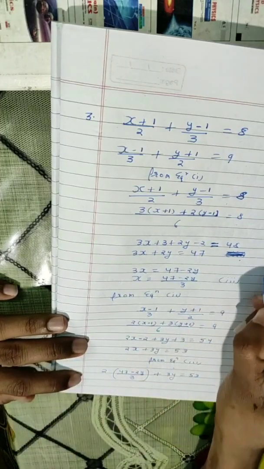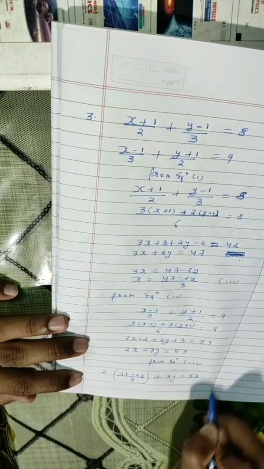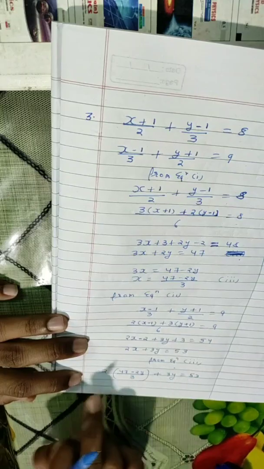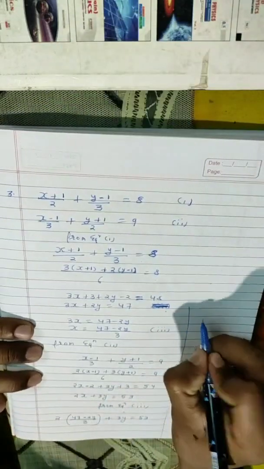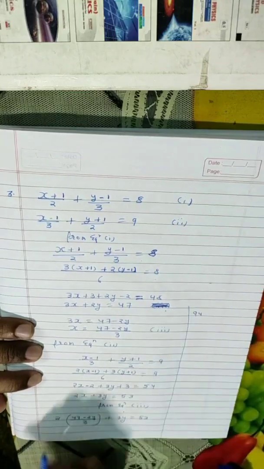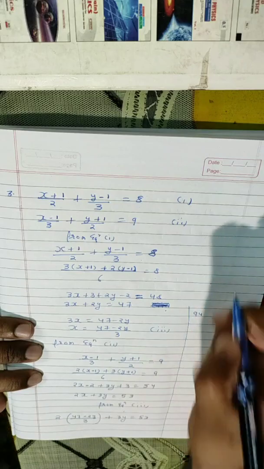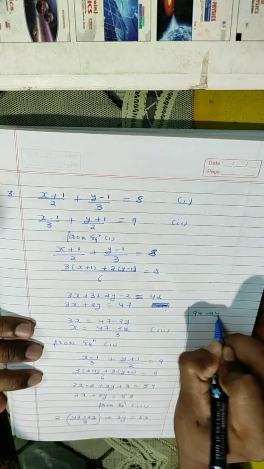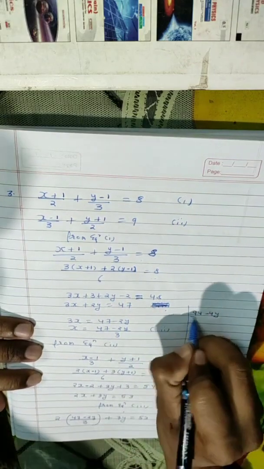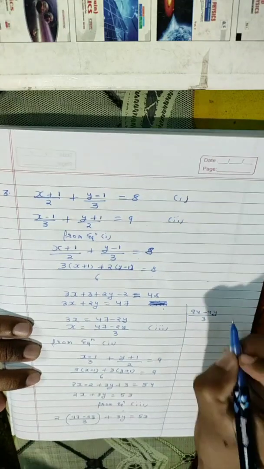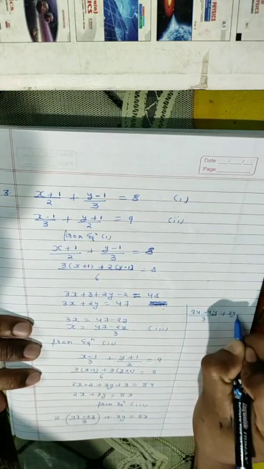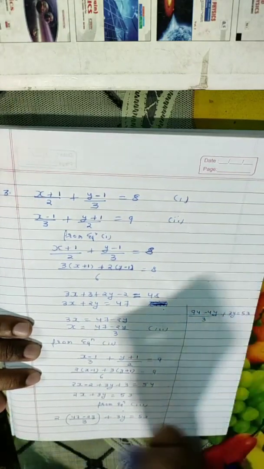Okay, here if I multiply the 2 inside the bracket, it will become 94, 2 into 47 is 94, and minus 4y upon 3 plus 3y is equal to 53.